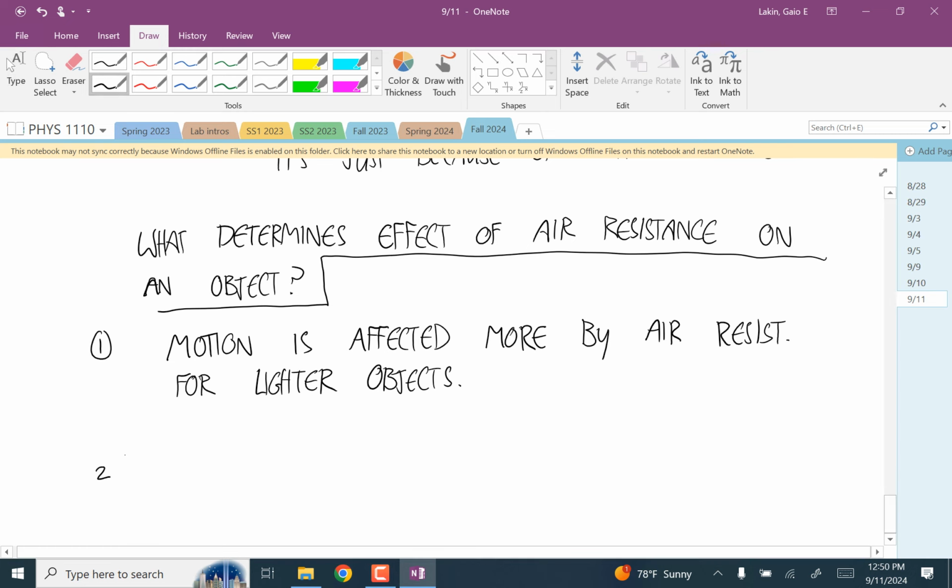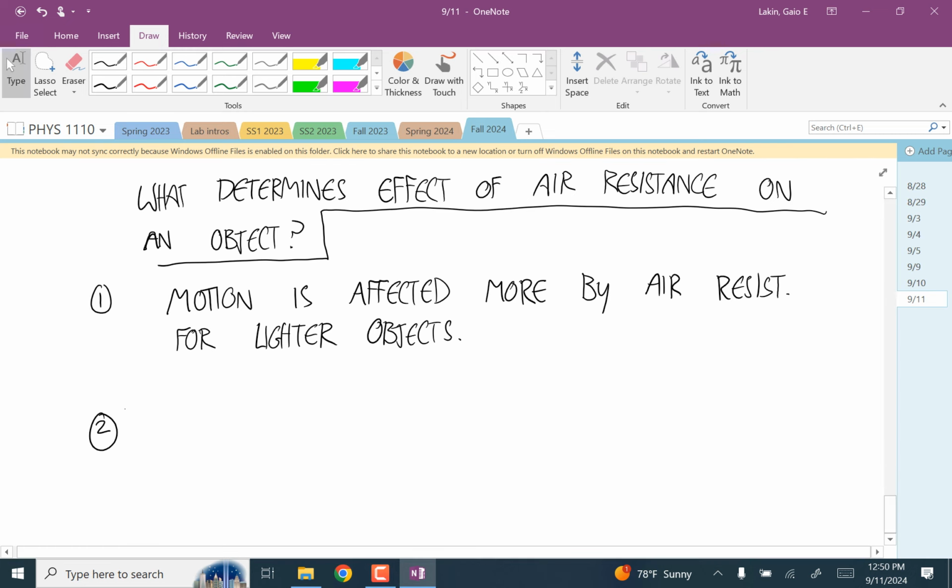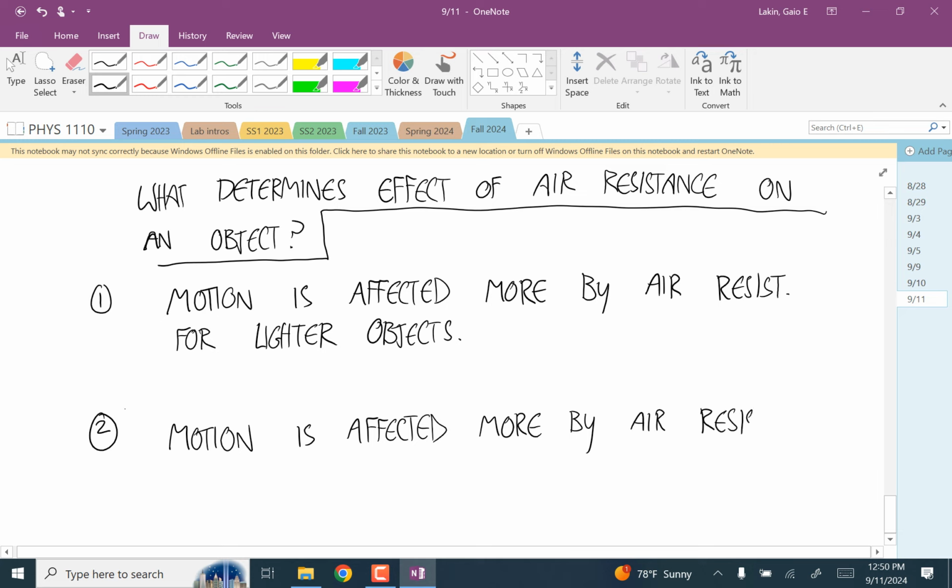The second factor is the surface area. So motion is affected more by air resistance for objects with a greater surface area.